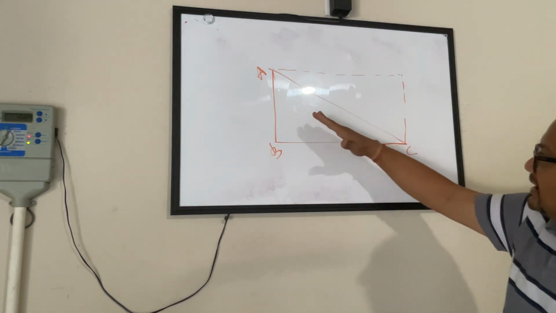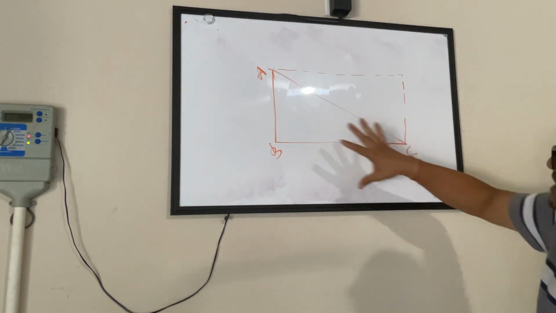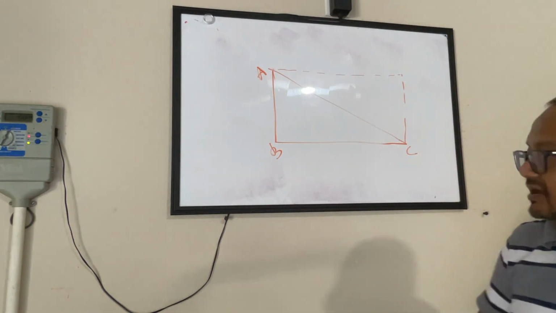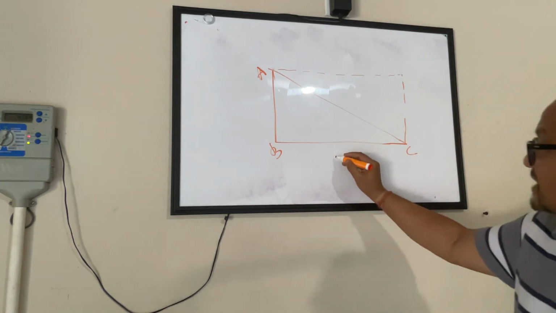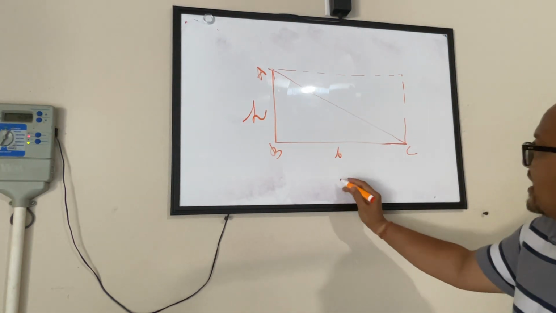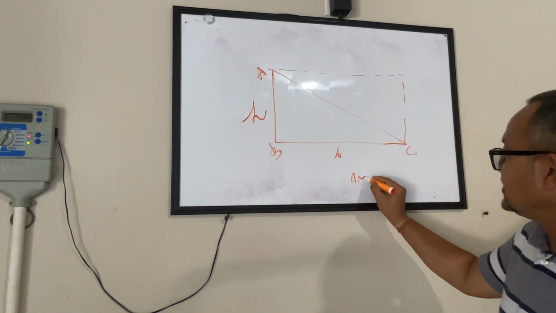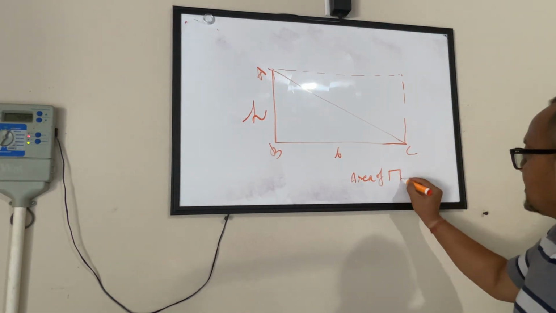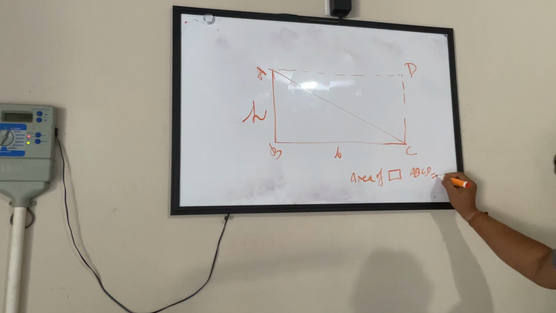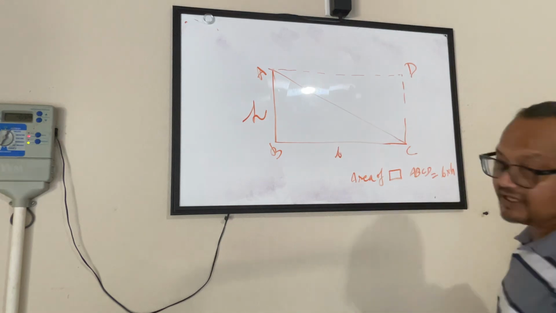Now, what that means is the area of this right angle triangle is half of the area of the rectangle, right? If in my right angle triangle I call this the base and I call this the height, then if I look at the whole rectangle, that is what? Area of rectangle, let's say this is A, B, C, D, will be B times H, this is the length and this is the width, yeah?